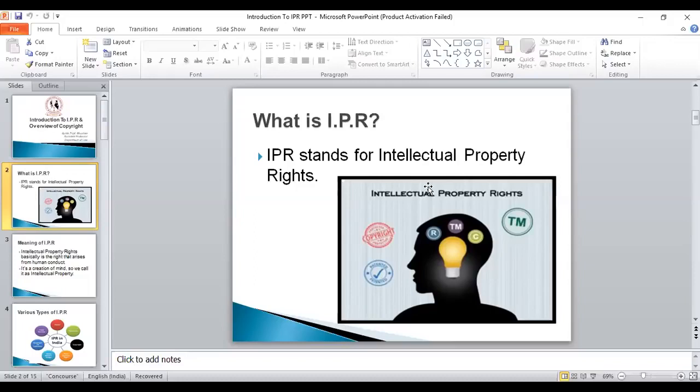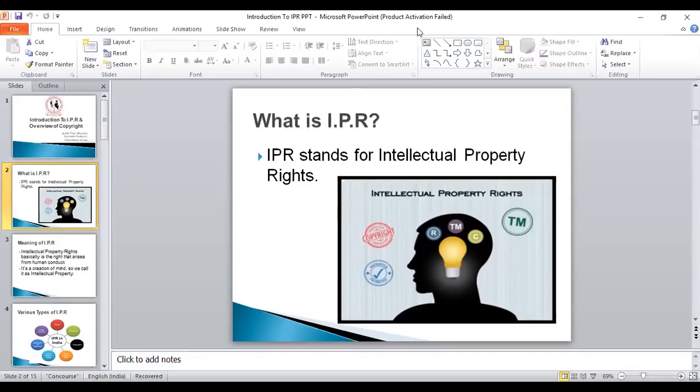Out of all the animals, only human beings have the capacity to create any sort of property or something new by using our own intellect. Thus, any property created by human beings can be said to be intellectual property.